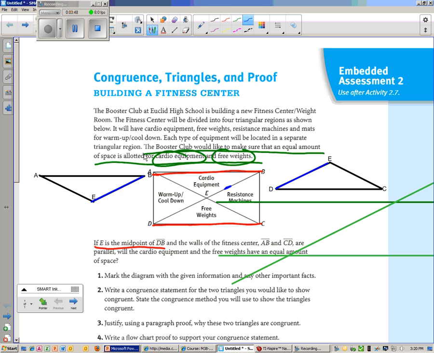Okay, you should be able to recognize that this angle right here and this angle right here are alternate interior angles. Okay, and you should know alternate interior angles are congruent. So no matter where I put a line, let's say I go this way, I can see that this angle right here and that angle right there are also alternate interior angles, and they are congruent. Okay, so look at question number 13 and activity 2.6 to help you out.